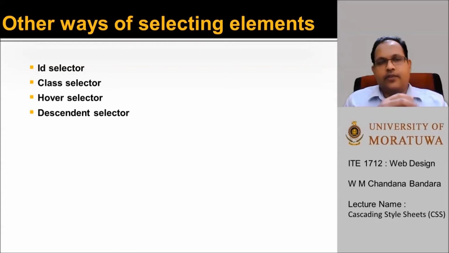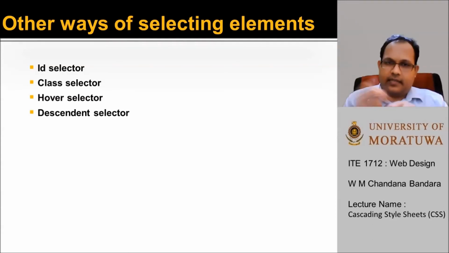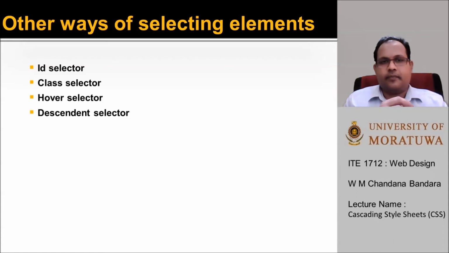So far we have used inline styles, internal styles, and external style sheets. In the internal and external style sheets, we use the HTML element as the selector, for example a paragraph or H1 or any other tag.